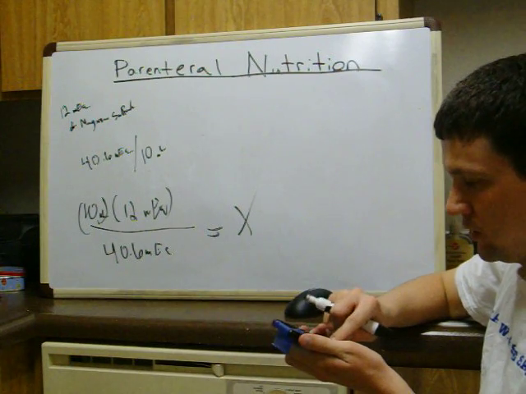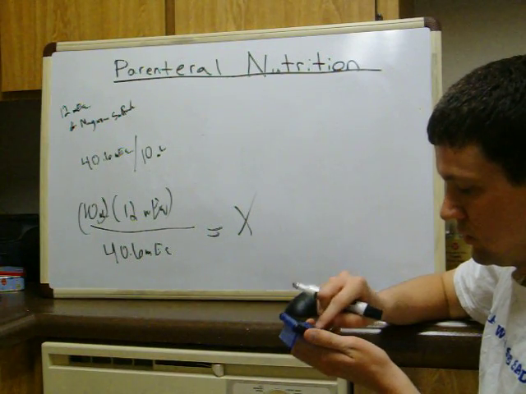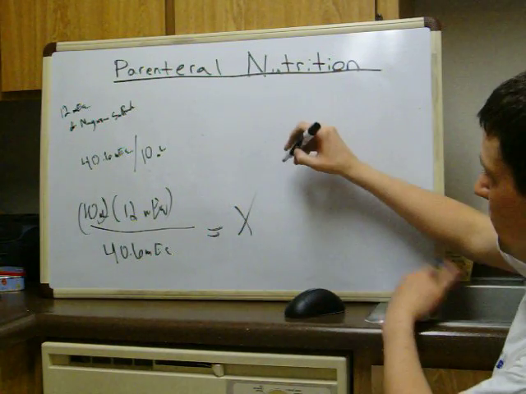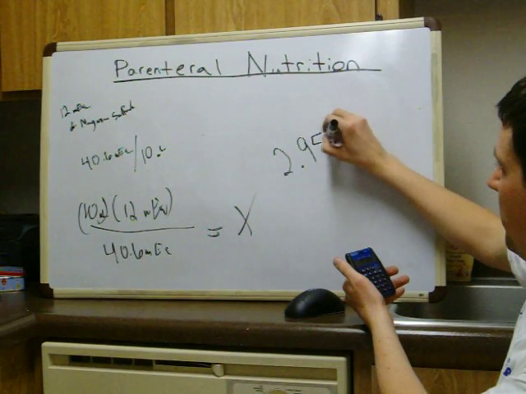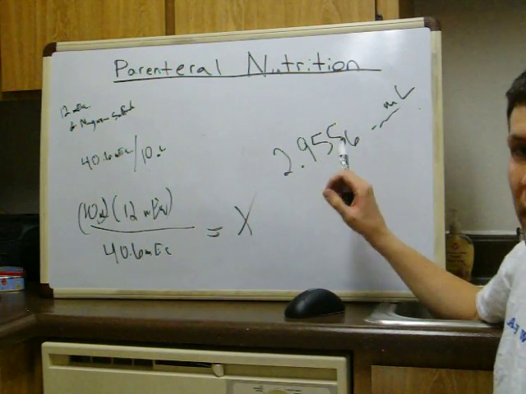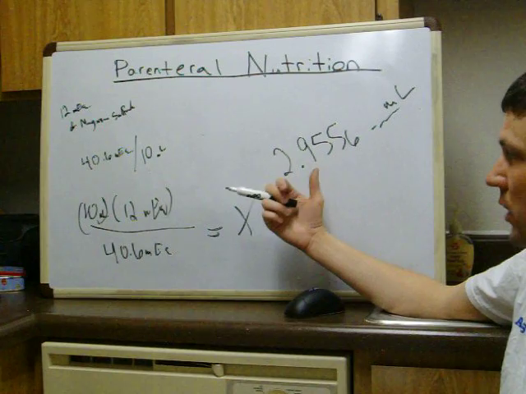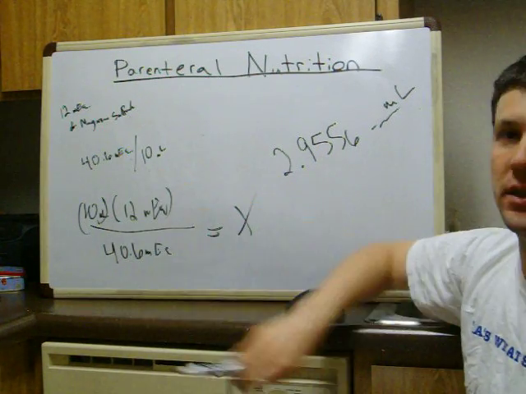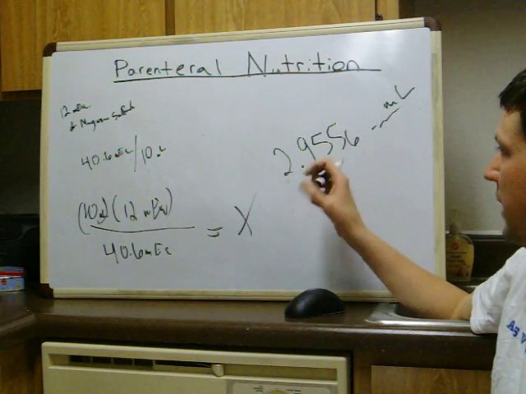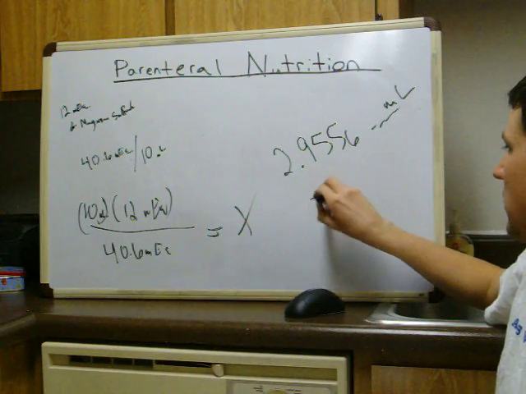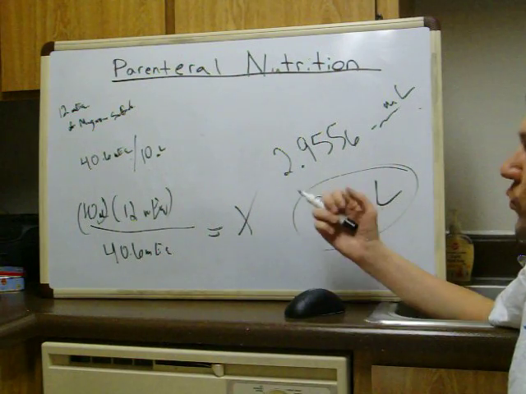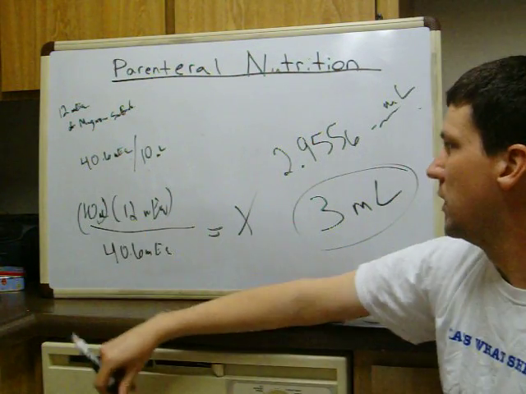So we plug that in, and we should get 2.9556 and so on milliliters. So this is how many milliliters we're going to add to our bag of this magnesium sulfate. Again, we probably don't have a syringe that's this accurate, so we're just going to say 3 milliliters. We're going to give 3 milliliters of this 40.6 milliequivalents per 10 milliliters.